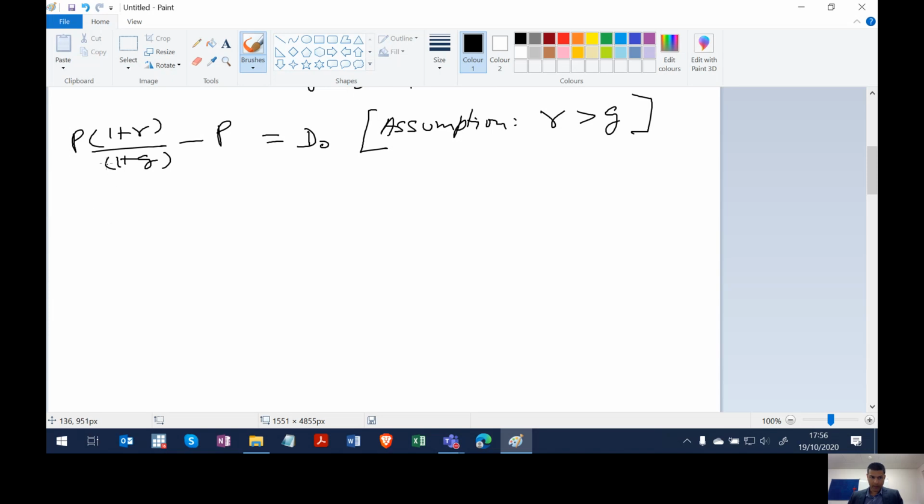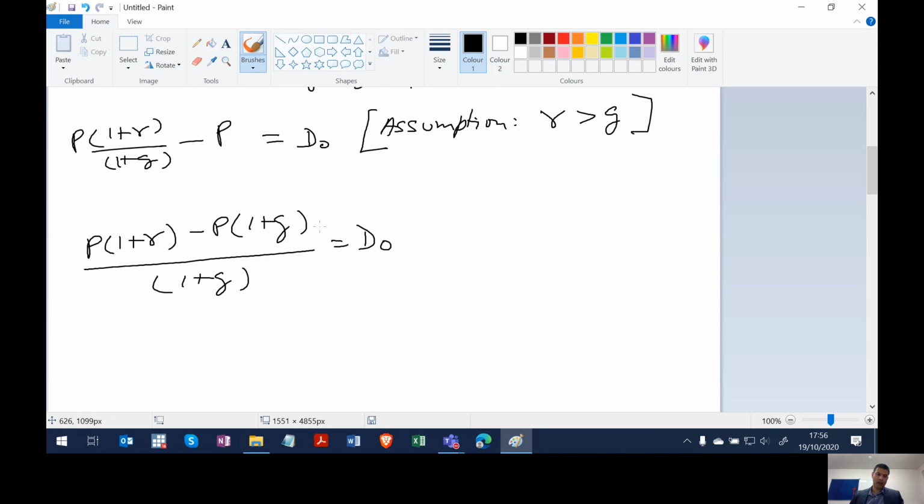And what we get is P times (1 plus R) minus P times (1 plus G), divided by 1 plus G, is equal to D0. Now, further expanding or simplifying this, it looks like P times 1 is P, times R is PR, minus again P times 1, which is minus P, and minus P times G is PG.